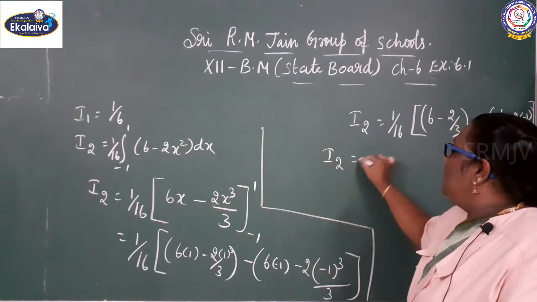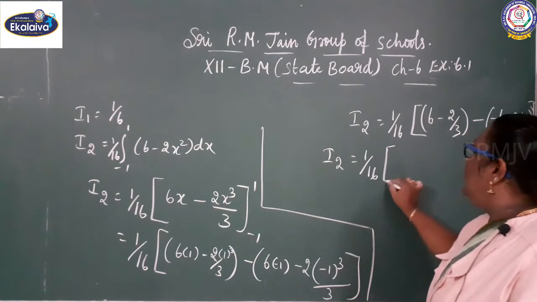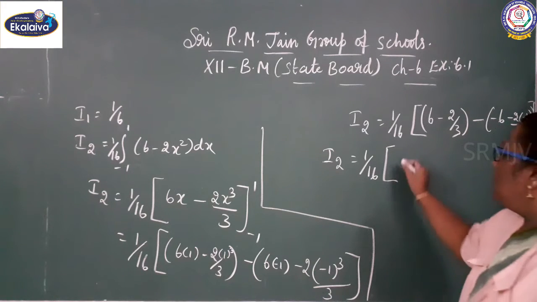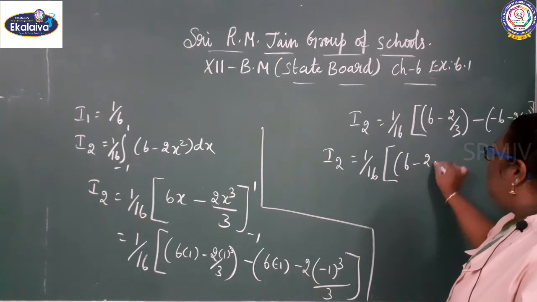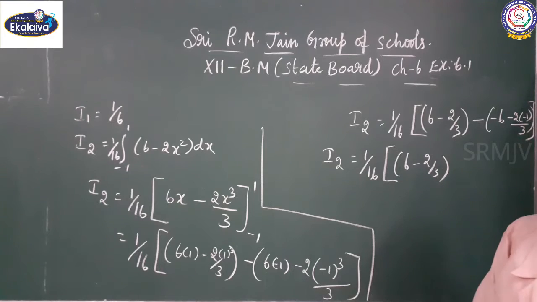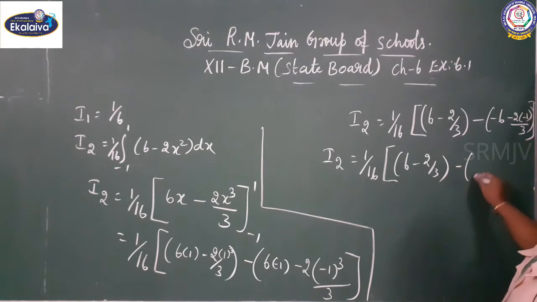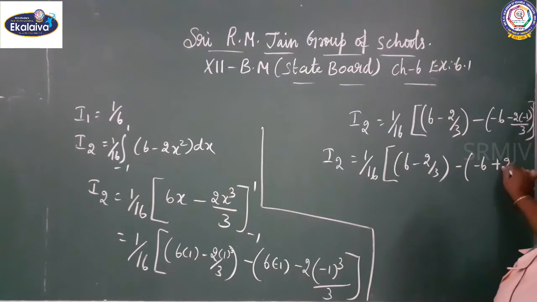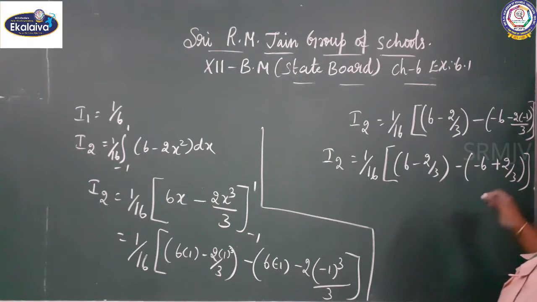I2 equal to 1 by 16 into 6 minus 2 by 3 minus 6 plus 2 by 3 minus 6 plus 2 by 3.